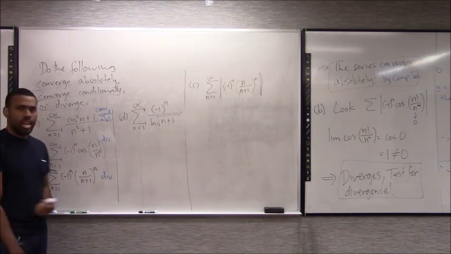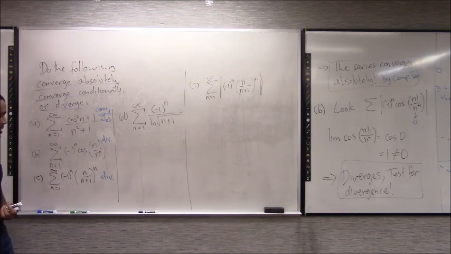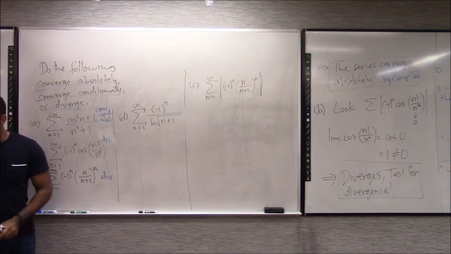Who told me diverge? Jakob. Why did you say diverge? What did you do? I did a ratio test. Did the ratio test. You would also get 1 by the ratio test. I didn't mention that, but that's probably important for me to mention.